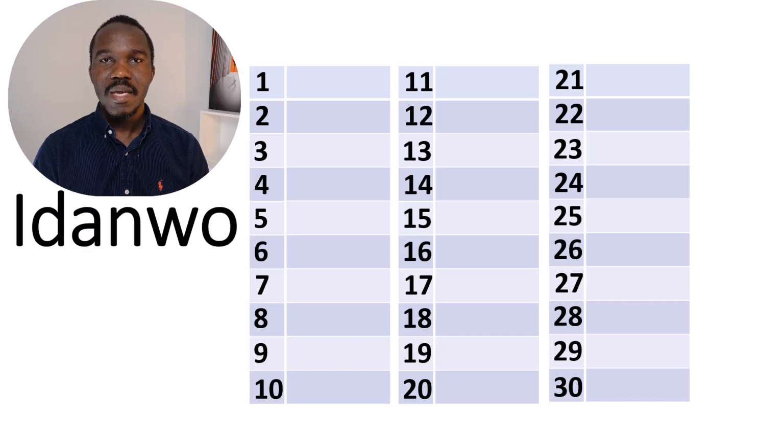Six says B. Seven says O. Eight says Ri. Nine says She. Ten says We.